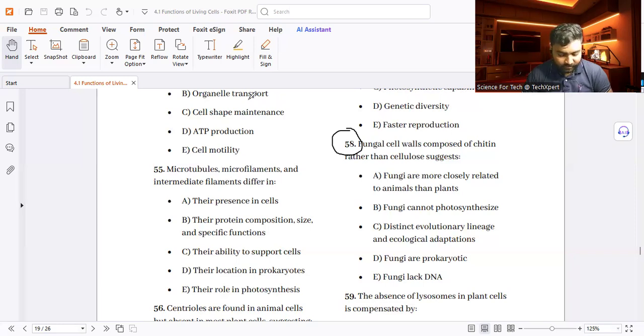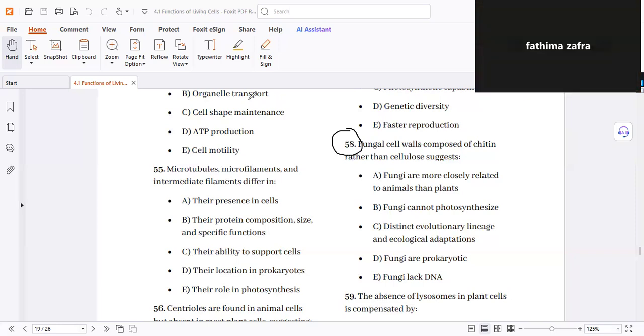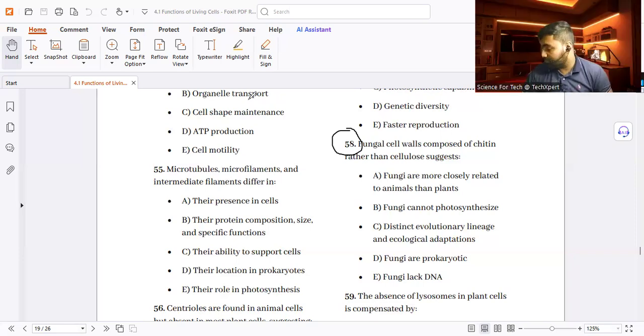Finish? So is the answer C? No. The answer should be A. Do you know the reason? In our syllabus, there are organisms which have chitin. Do you know who the arthropods are?